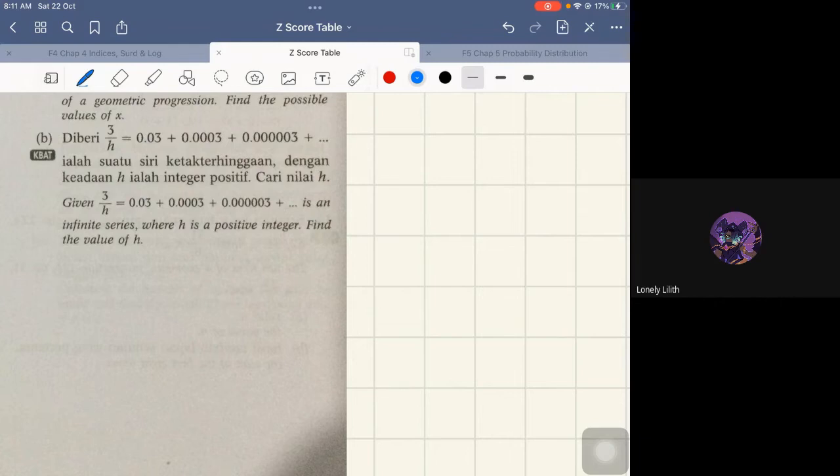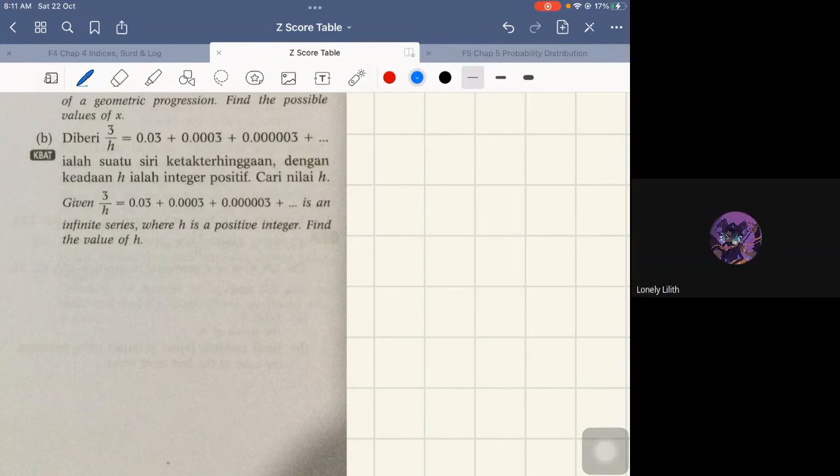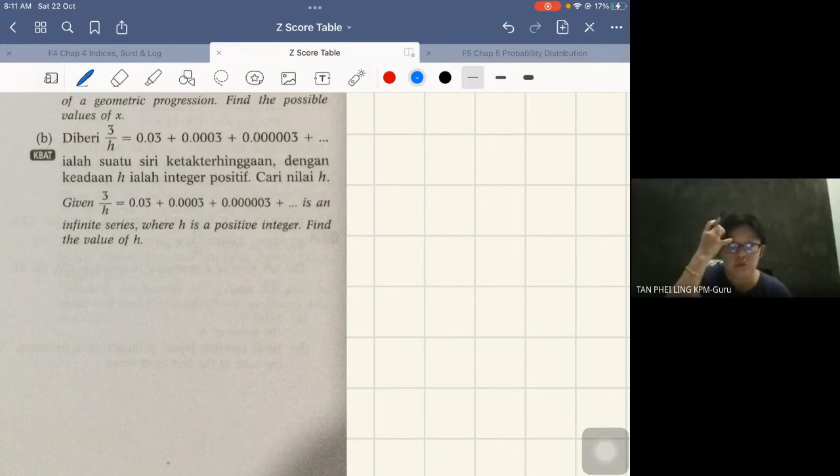Hey teacher, if I type it into my calculator, it's 1 over 33. Okay, let's do it. Actually, it's 1 over 33, you're right.